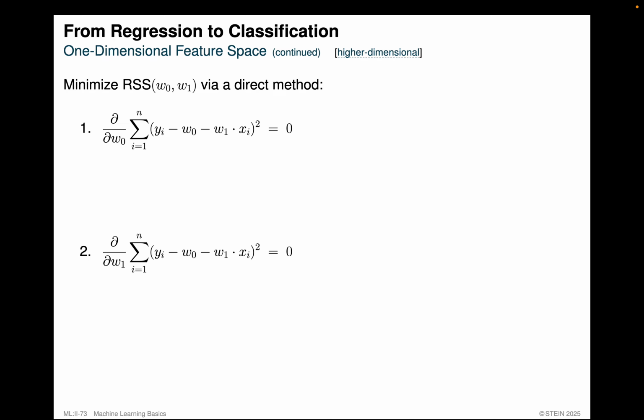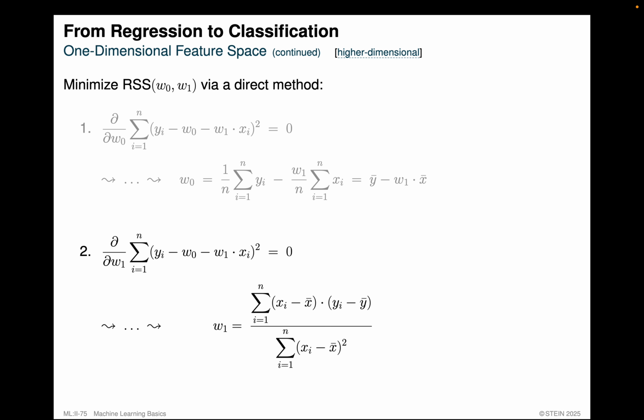Here, in the one-dimensional case, we have two parameters, and we can just solve the linear equations and find the optimal parameters by computing the partial derivatives of the residual sum of squares with respect to W0 and W1, solving for a derivative of 0.